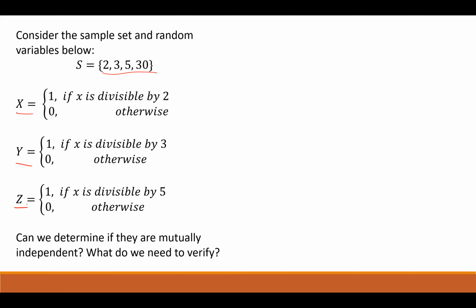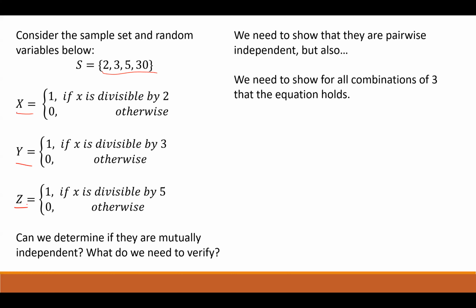sample space. Independence has one more property to it. We want to prove or disprove that they are mutually independent. I have 3 random variables. Before, I just compared 2, and we showed that they were either independent or not independent. But if we have 3, then we have pairwise independence, but also this 3-wise independence.